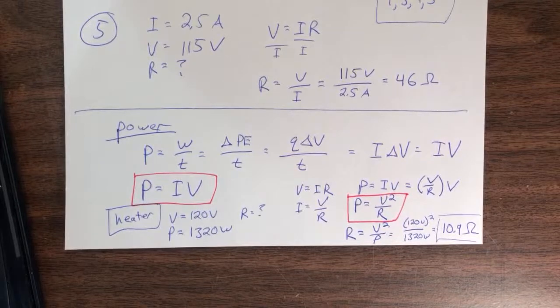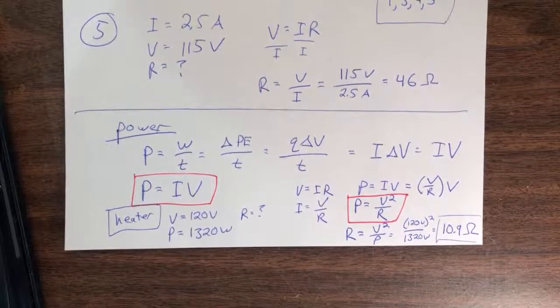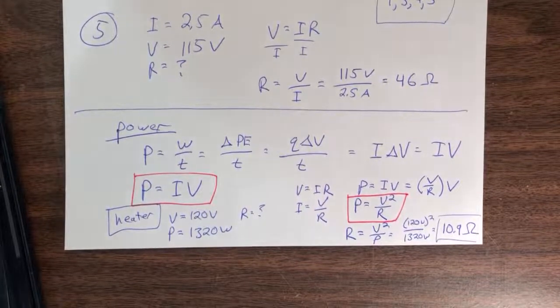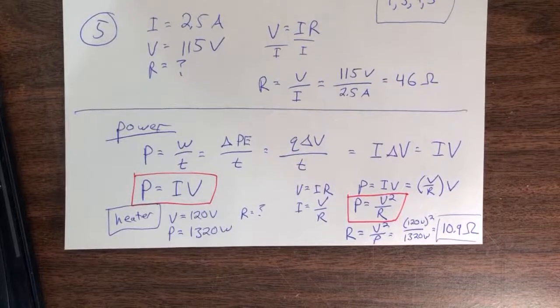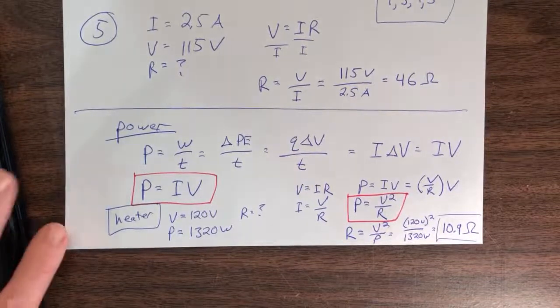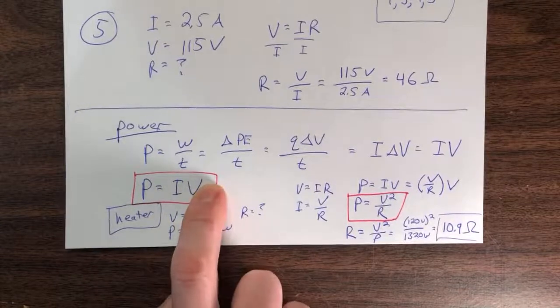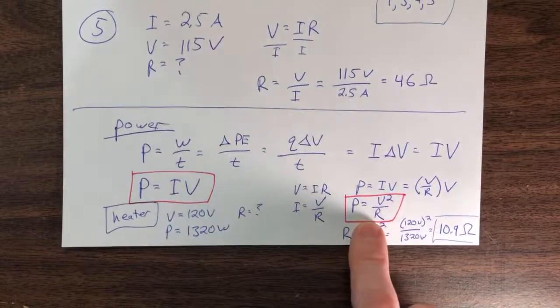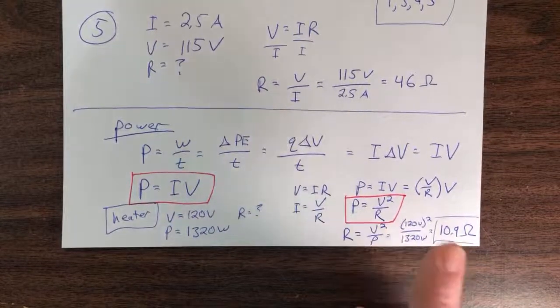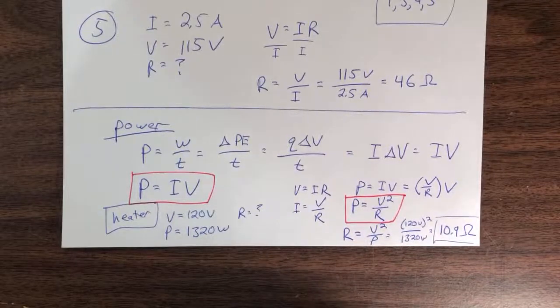I don't know. I think all the problems will be similar, but you might be solving for voltage or power or current, so you can solve for all different kinds of things. But all the problems will use this equation or some derived equation like this, and that's it.